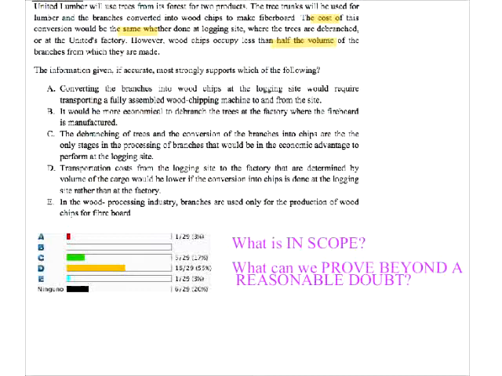Well, let's see what things are not in scope. Transporting a fully assembled wood chipping machine, we have no idea, because the passage doesn't talk about how you would do it at the logging site. The passage just doesn't talk about logistics.